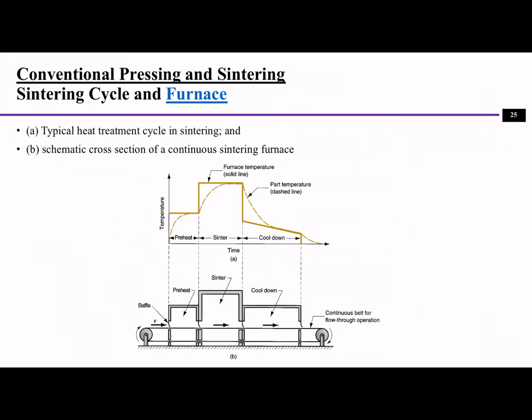You can see from this picture there's a preheat to a certain temperature, and then a sintering stage for a little while at a higher temperature, and later after it's sintered, the part will start to cool down. So you can use this kind of conveyor belt to move the parts and also to sinter them.